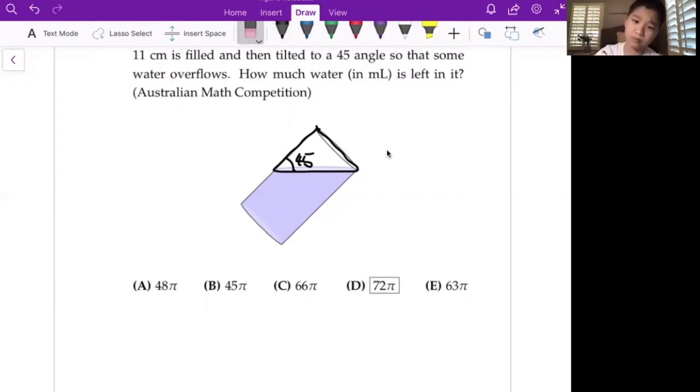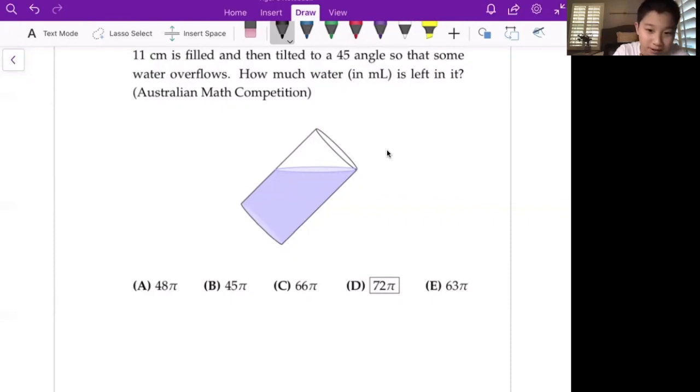So, can we just use the formula for it? No, it's three-dimensional. But we can use an idea that we use to calculate the area of right isosceles triangles. So how do we even calculate it?